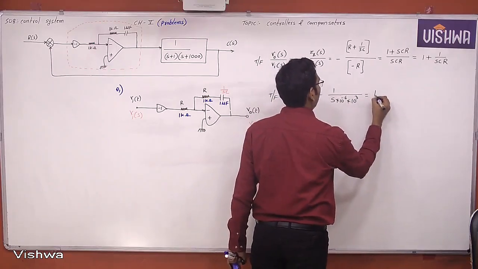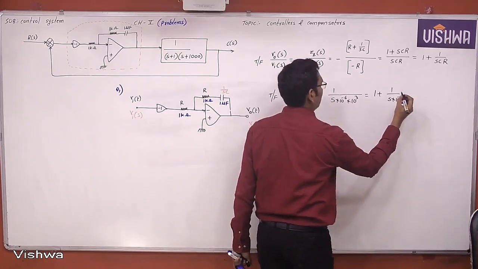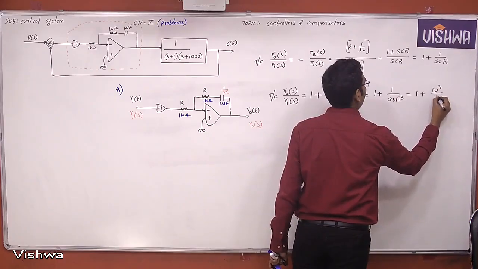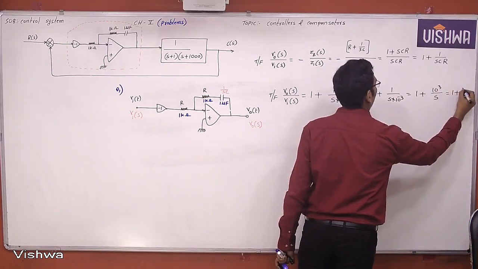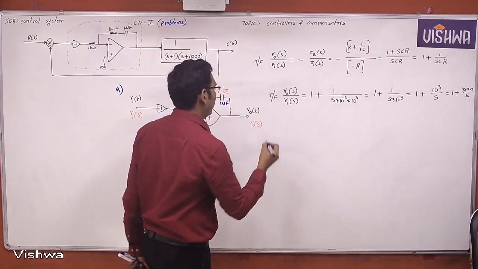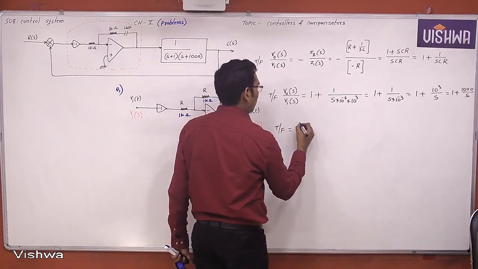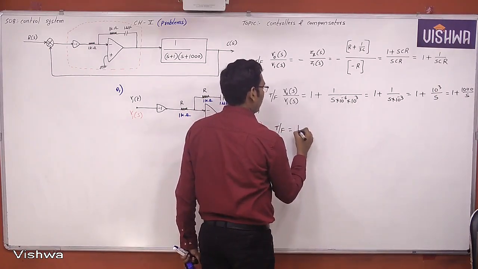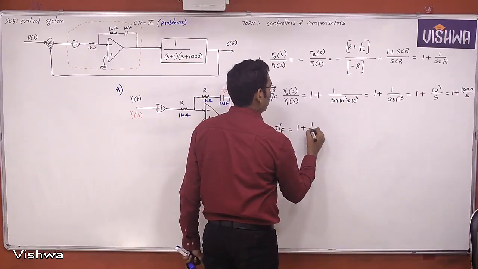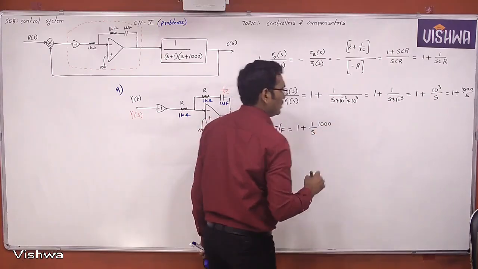So which is nothing but 1 plus 1 by S into 10 power minus 3, which is equal to 1 plus 10 power 3 by S, which is equal to 1 plus 1000 by S. So finally the transfer function is 1 plus 1 by S into 1000. Am I not?